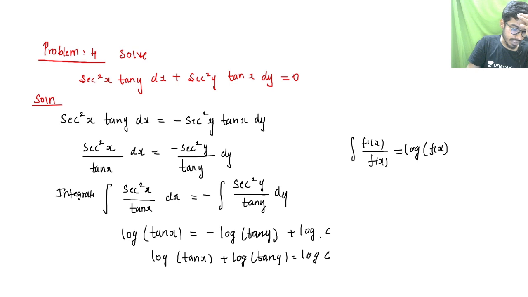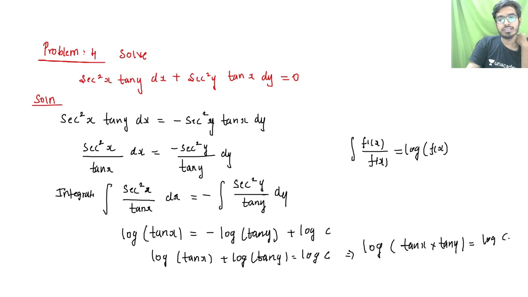So log of tan x into tan y is equal to log c. Therefore c is equal to tan x tan y is the required solution. That is, tan y is equal to c by tan x. That will be the required solution.